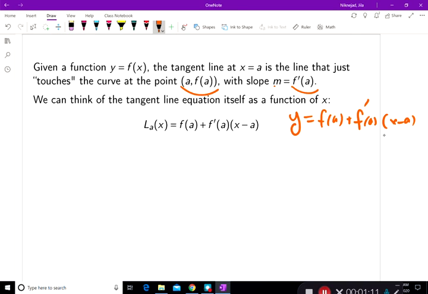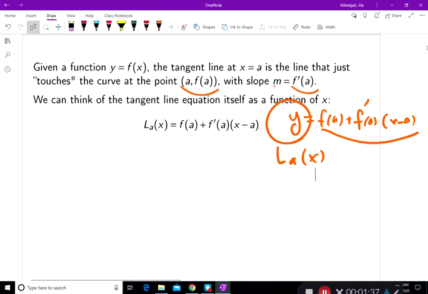Now a is a constant, right? You're saying tangent line at point a. And so this becomes a function of x because you see that x over there. And so we call this function L sub a of x. L for linearization, a for at point a. That's how it goes.